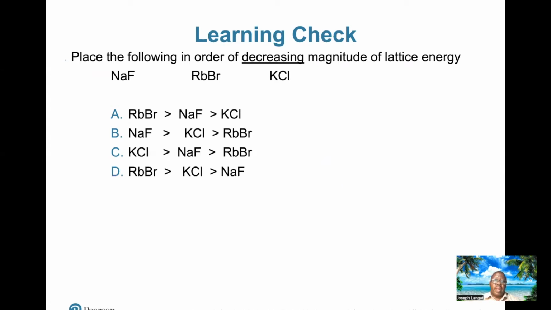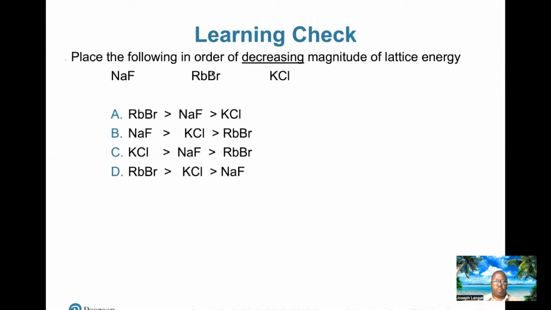You can use the elimination method. Rubidium, in the cations, has the largest size, and what we want, decreasing, that means it should have the least.